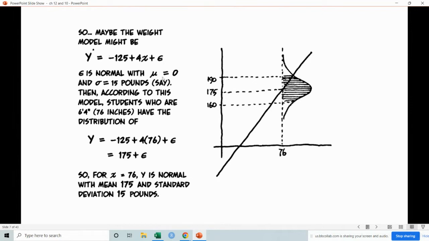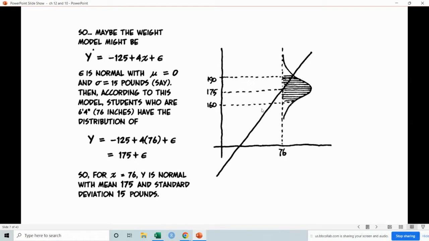The error term is normal with mean 0 and standard deviation 15 pounds. According to this model, students who are 6'4" or 76 inches have the distribution of -125 plus 4 times 76 plus the error term, so 175 plus some margin of error. So for x equals 76, y is normal with mean 175 and standard deviation 15 pounds.